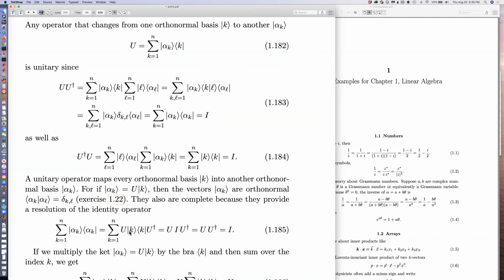This sum is the identity operator, and we've said that U is unitary, so we get that the image of one orthonormal basis under any unitary operator is another orthonormal basis.